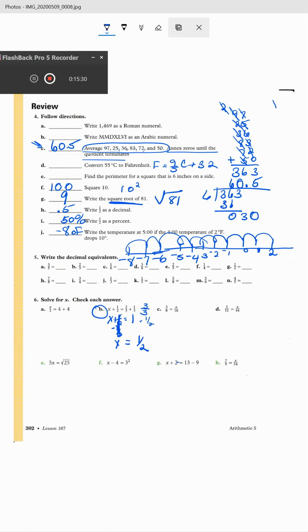If you have 1 pizza and you eat half of it, you have half left. So the question is, let's put half in place of x. Is half plus half the same as 2/3 plus 1/3? It sure is, because half and half is 1. 2/3 and 1/3 is 1 also.